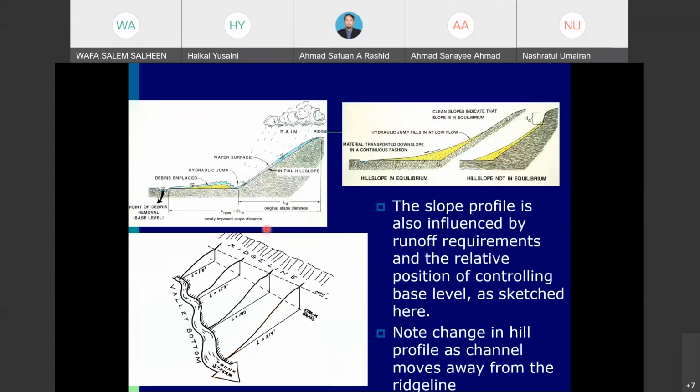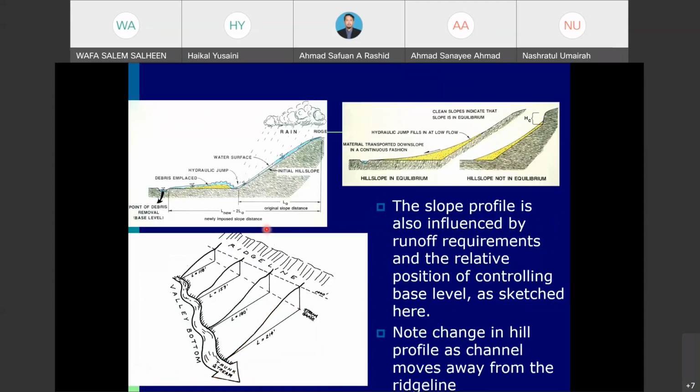The slope profile is also influenced by runoff requirement and the relative position of the controlling base level, as sketched here. There is a change in hill profile as the channel moves away from the ridge line.